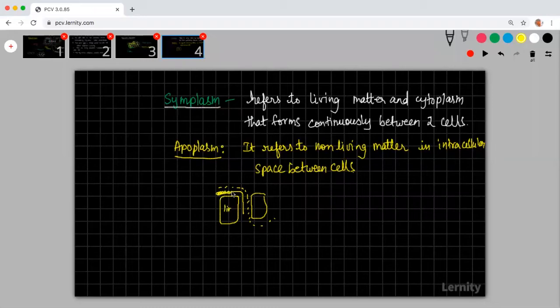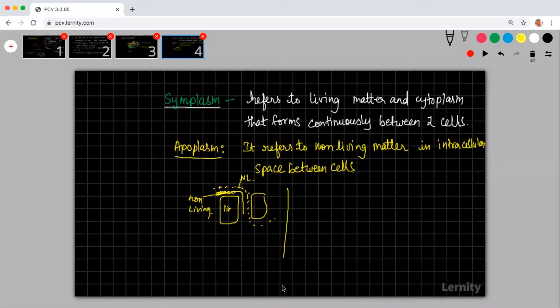This layer of cell wall is non-living, and whatever is outside is non-living. So this is apoplasm and symplasm.